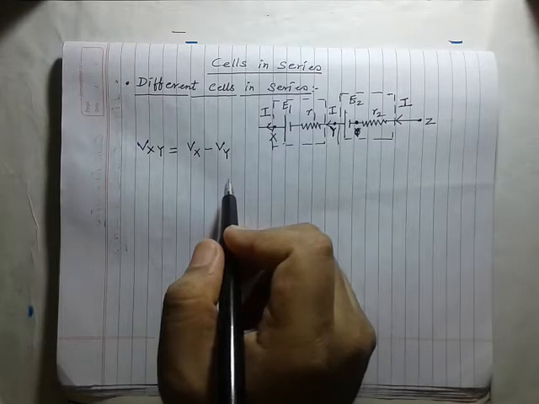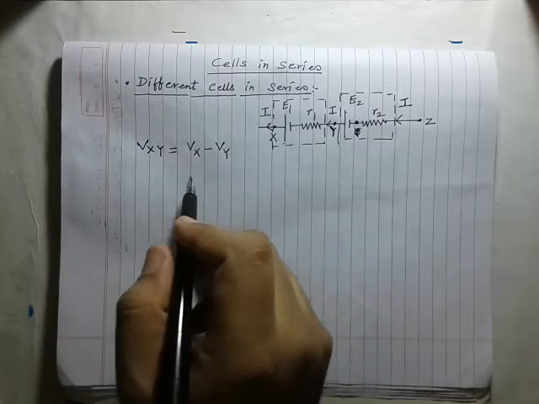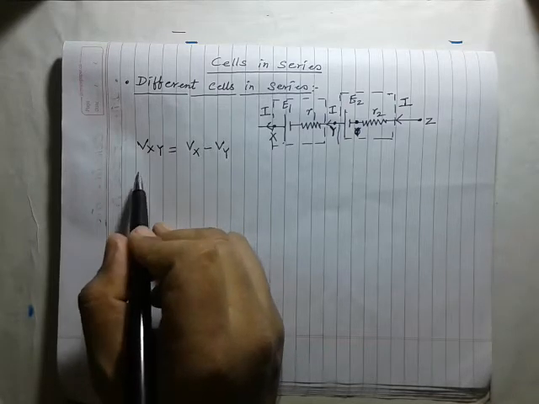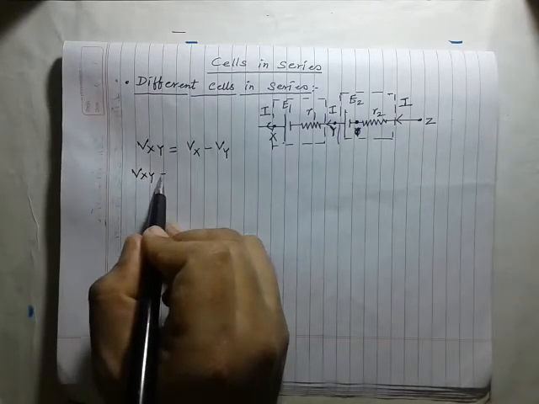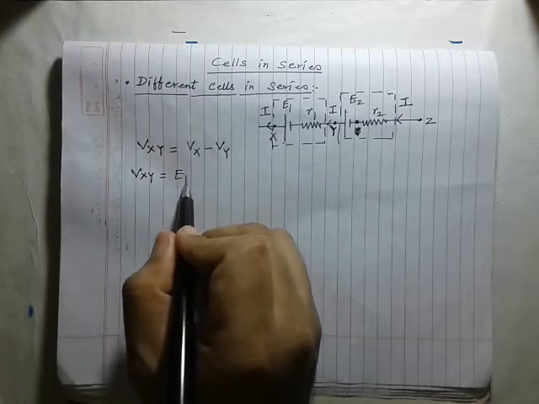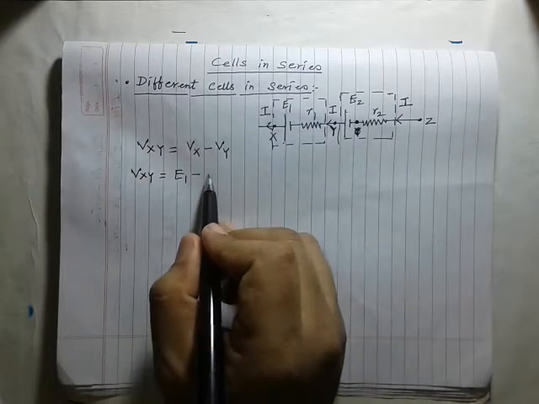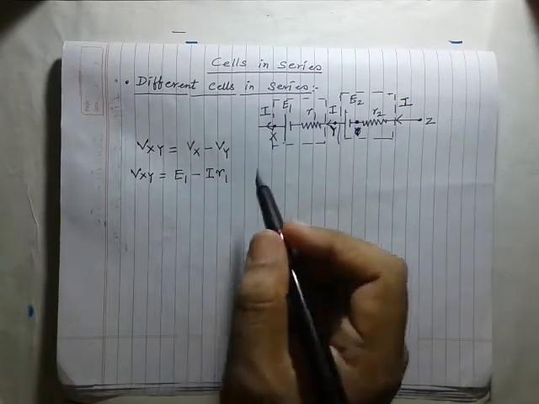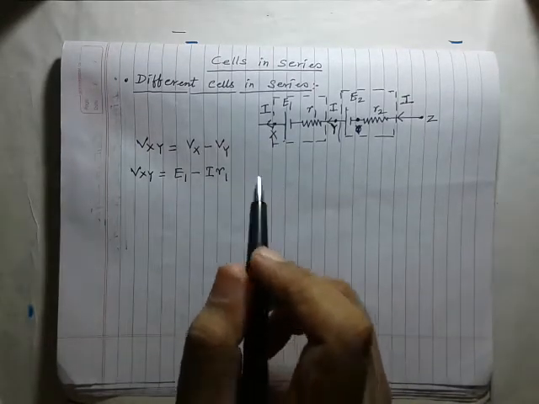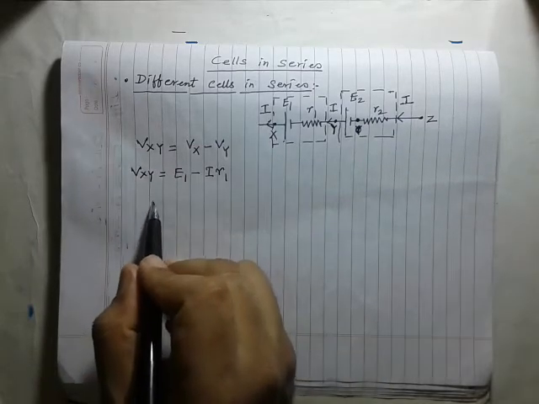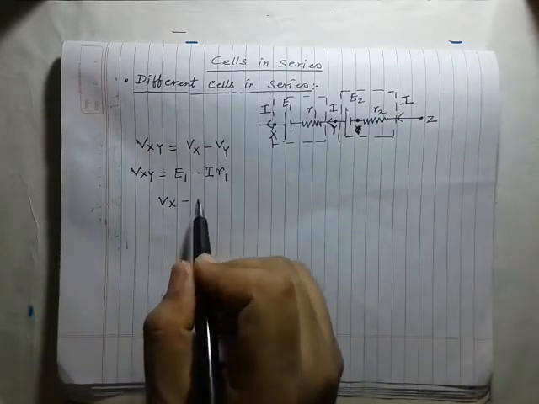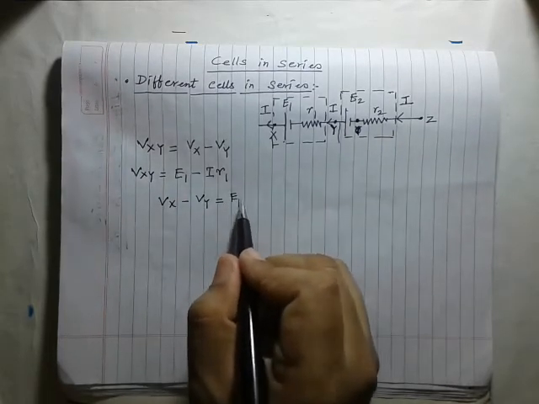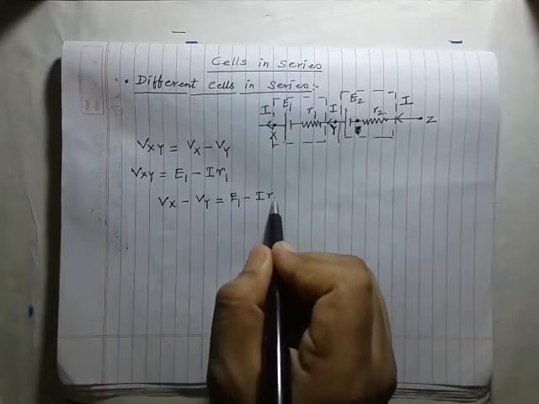So Vxy is equal to E1 minus I R1. So also you can write from here, Vx minus Vy is equal to E1 minus I R1.